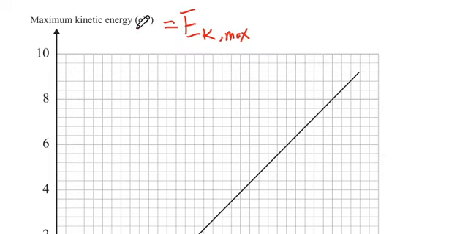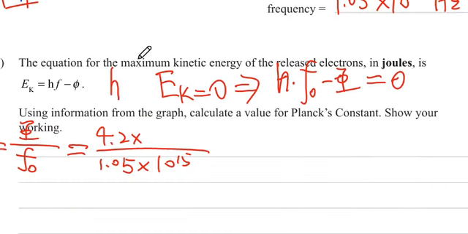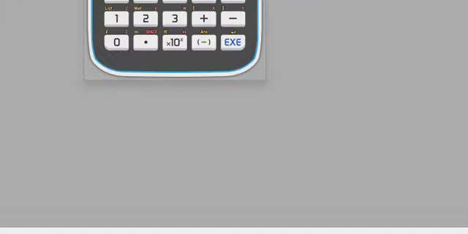Now this is in the unit of electronvolts. We want to convert it into international units. It's going to be 1.6 times 10 to the power of negative 19, and then we use our calculator.